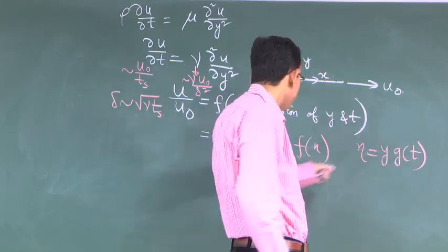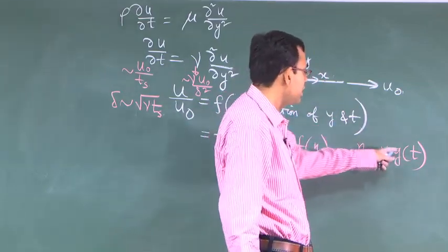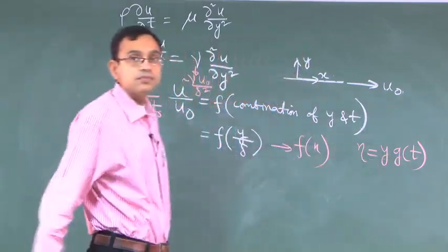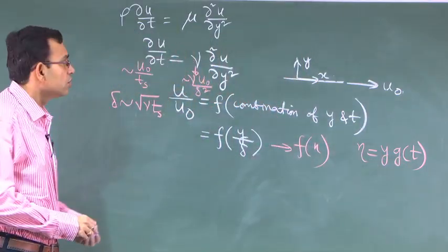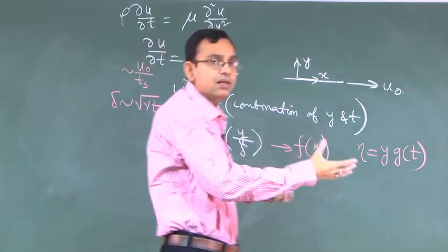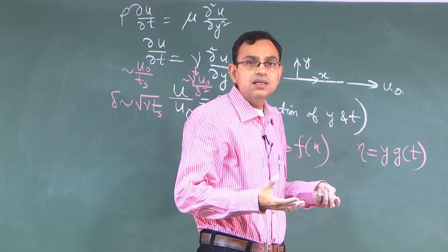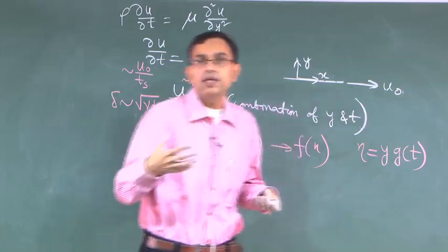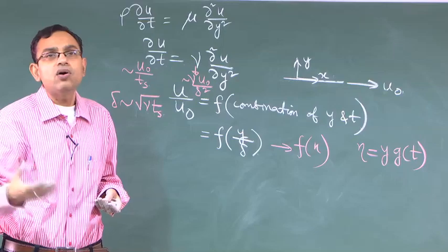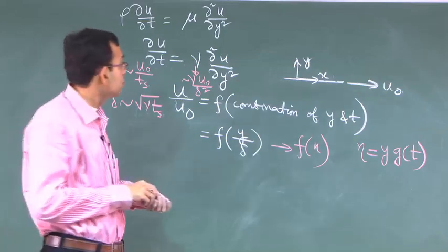So it need not be exactly 1 by delta equal to g of t, but it scales with g of t. So this physical way of interpreting the situation is an equivalent mathematical way of converting the partial differential equation into an ordinary differential equation. So how is it done?